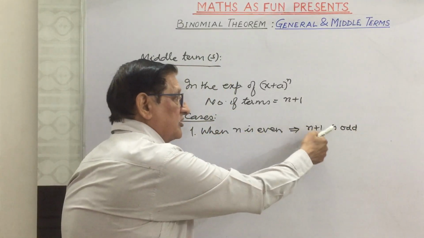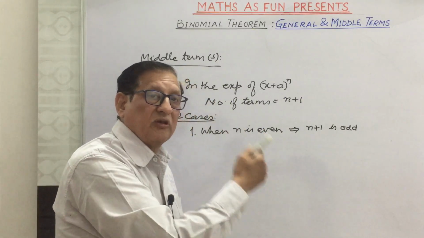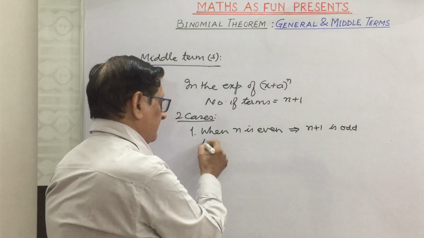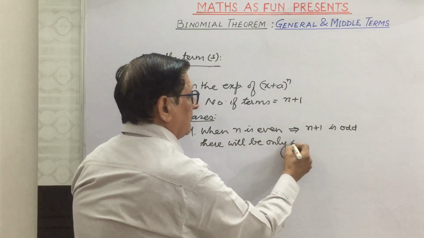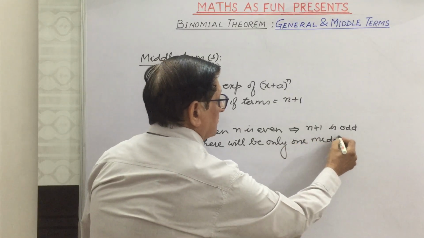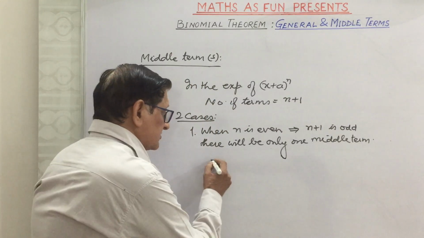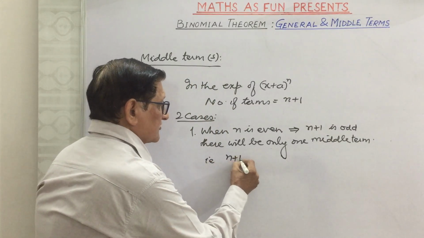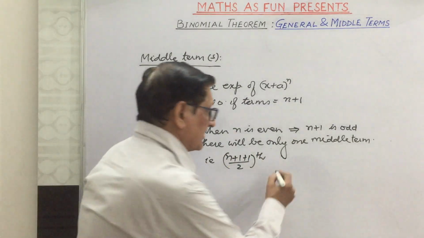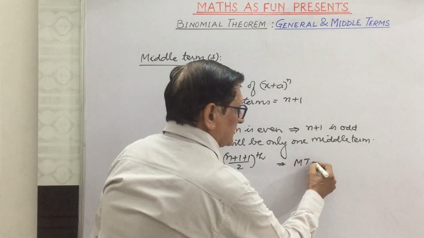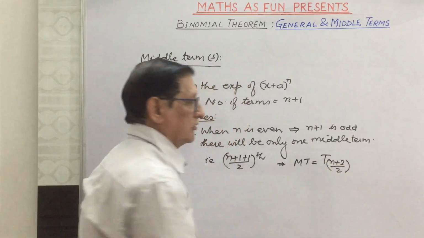And if n plus 1 is odd, it means the number of terms is odd, then there will be only one middle term, and that is the (n+1)/2 th term. It means we can say that the middle term in this case will be t((n+2)/2).